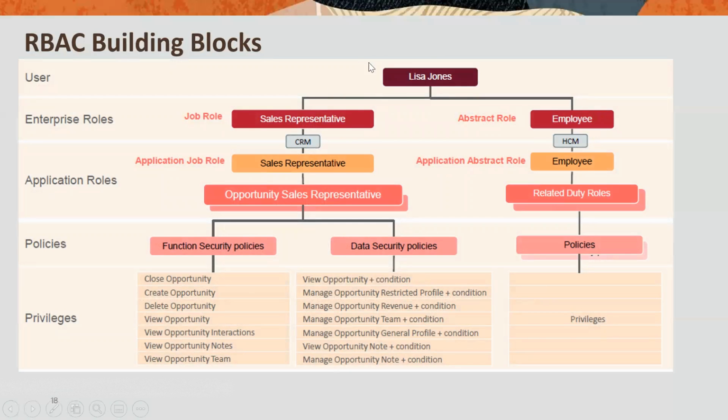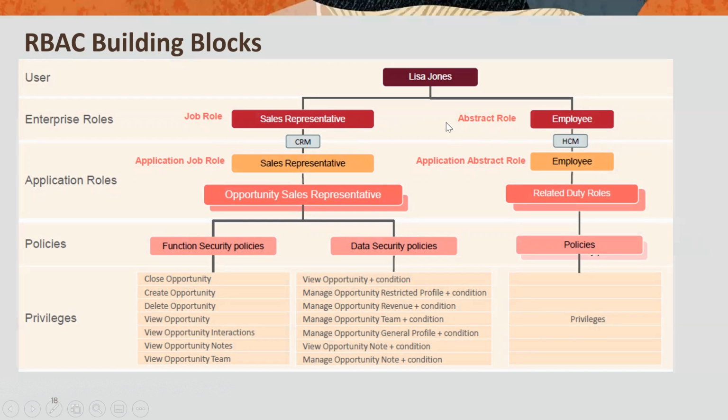Okay. So till now we have discussed all of these components individually, right? This diagram can show all of that in one single diagram. Lisa Jones is a sales representative. She is a user, and she has the sales representative job role, and she also has the abstract role.